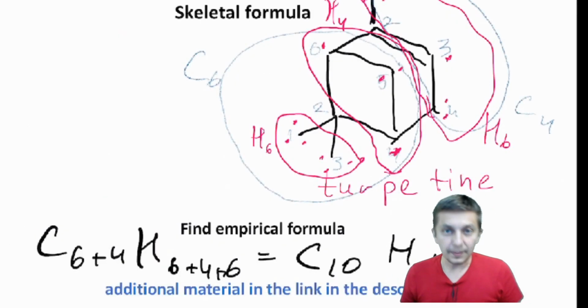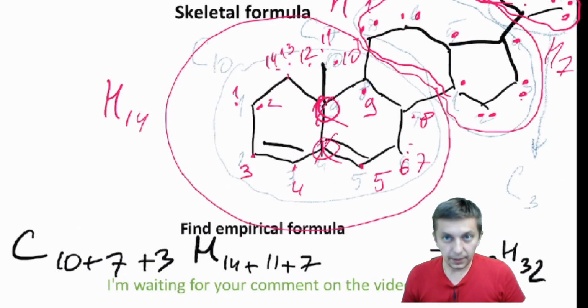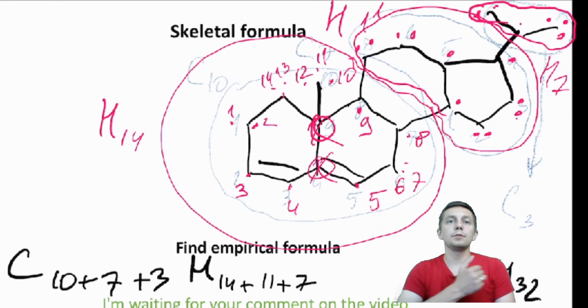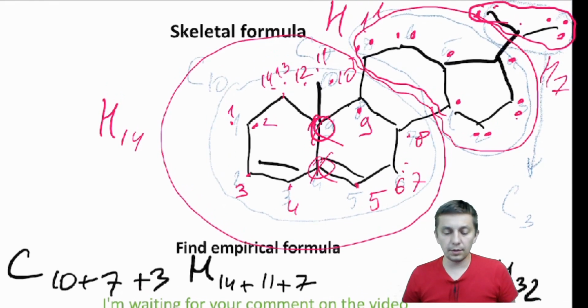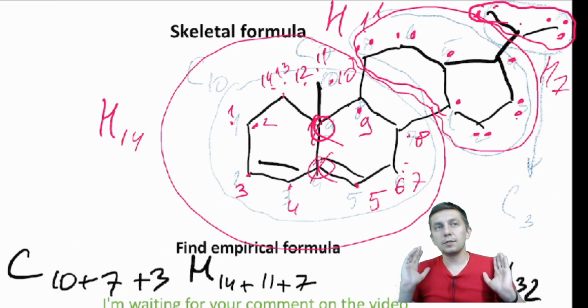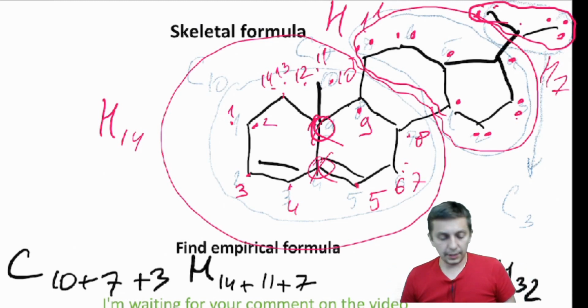And if you need to solve questions about finding an empirical formula using different skeletal or condensed formulas, group compounds by fragments: cut into fragments, count in fragments, and then you get the final result. It decreases the probability of making an error, but it requires more time.